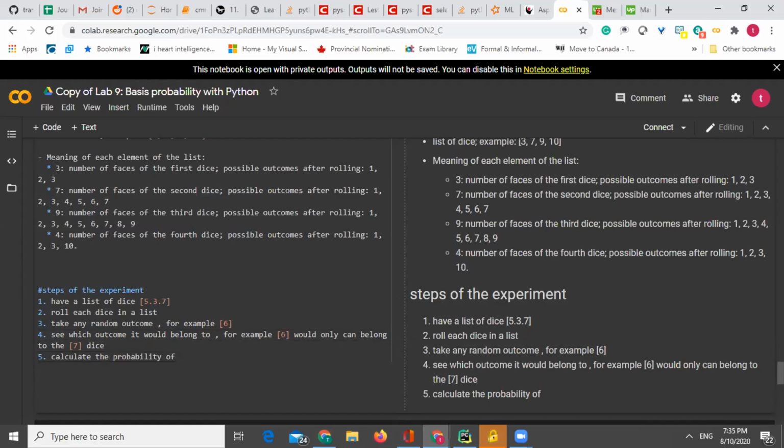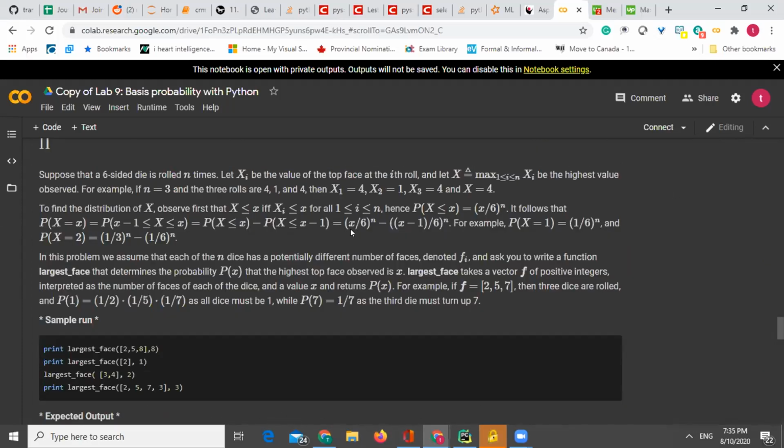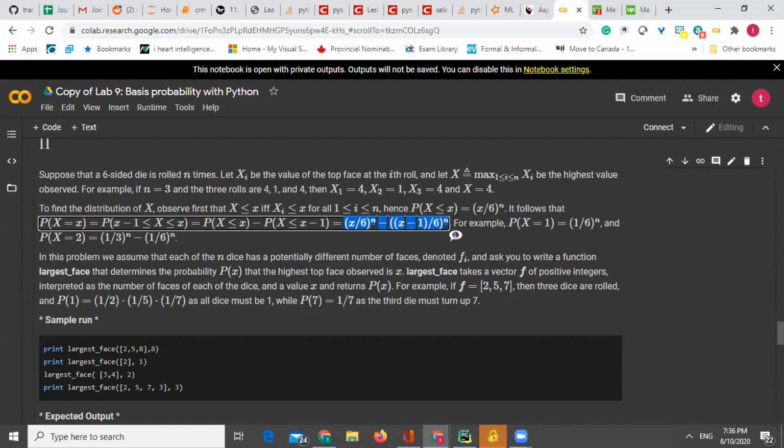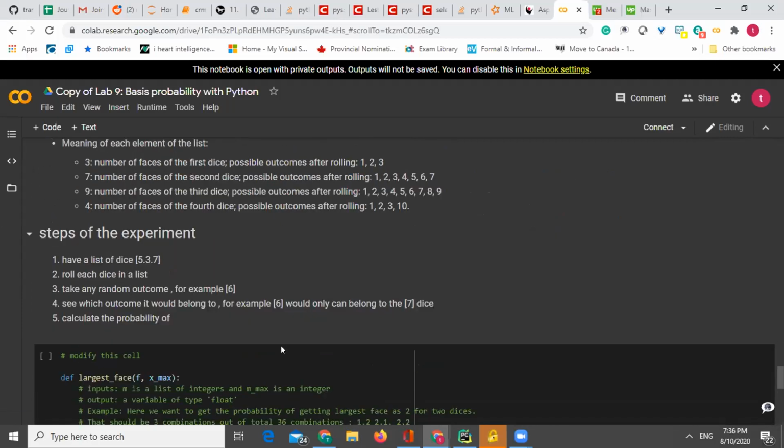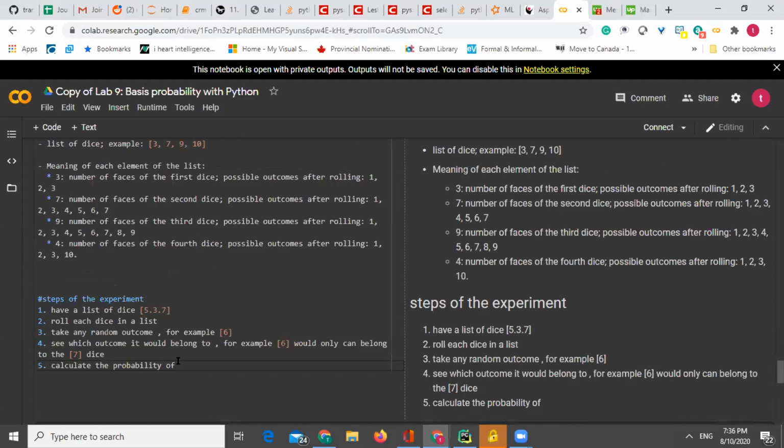of the dice coming out as 6. So basically, what it asks is: what is the probability of the dice coming out at 6 in the 7 dice, right?